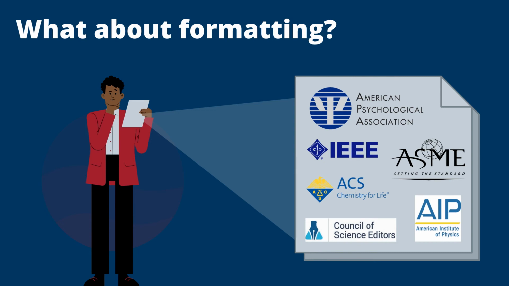Professional societies, such as the American Society for Mechanical Engineers, ASME, the Institute of Electrical and Electronics Engineers, IEEE, the American Institute of Physics, AIP, the Council of Science Editors, CSE, and the American Chemical Society, ACS, each have their own style guide. These style guides provide specific standards for design and formatting of documents and citations.